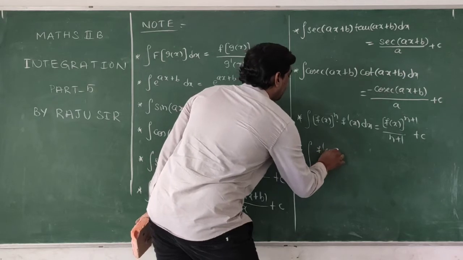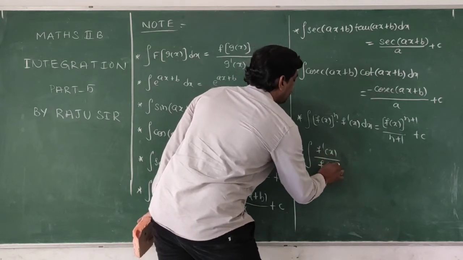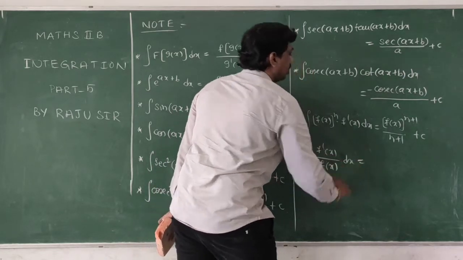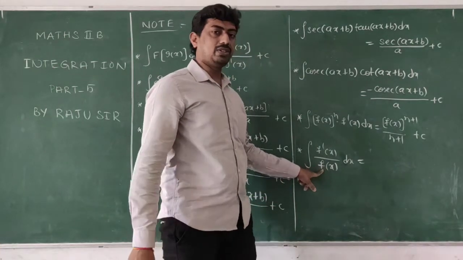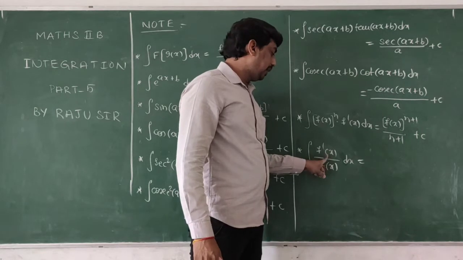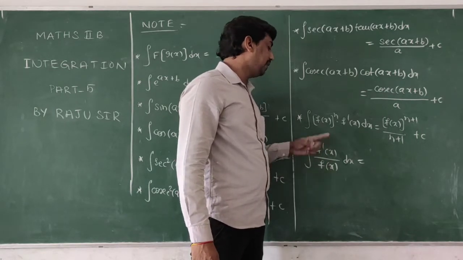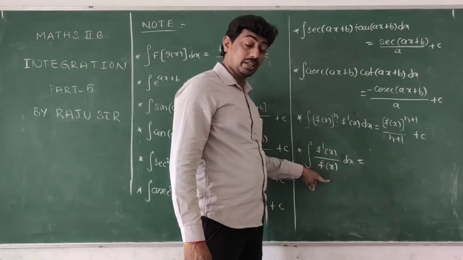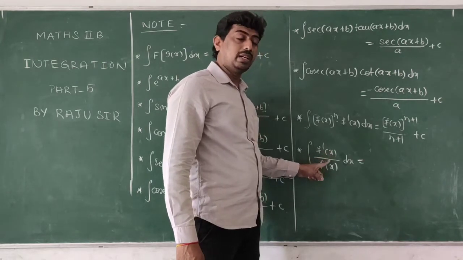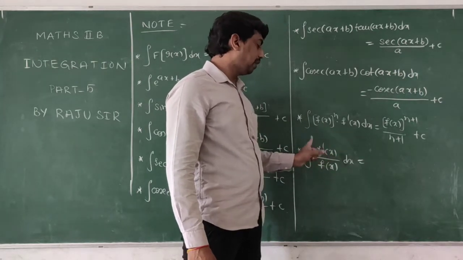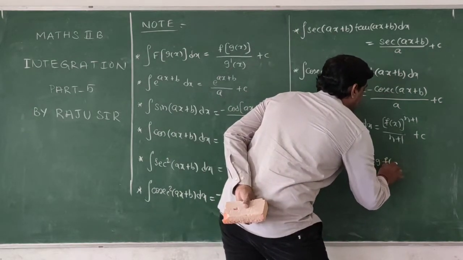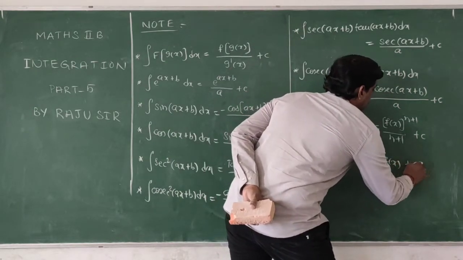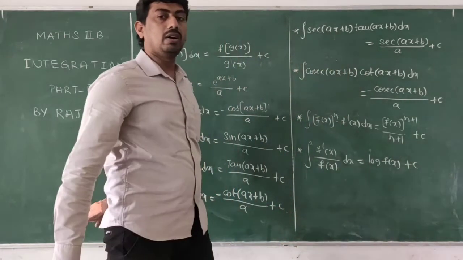Okay. Next, integration of f dash x by f of x. That means f of x is a function that is in the denominator, and the denominator's derivative is in the numerator. Then the total function integration is log of the denominator, that means log of f of x.